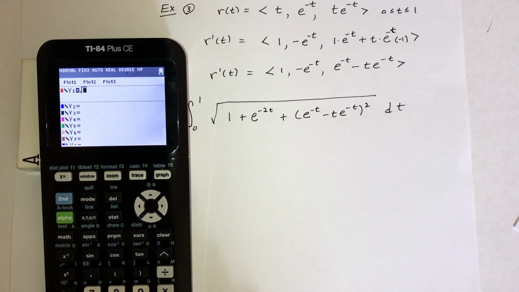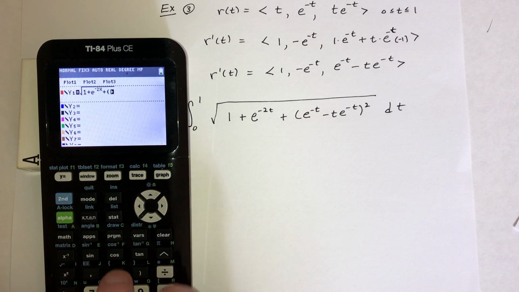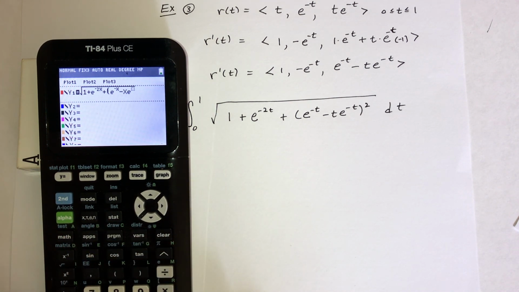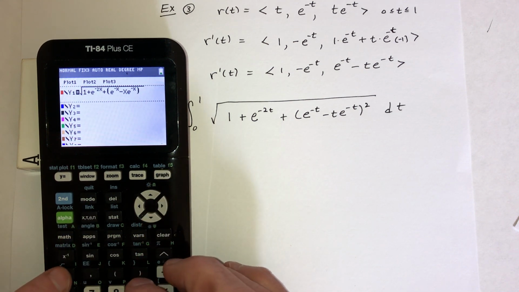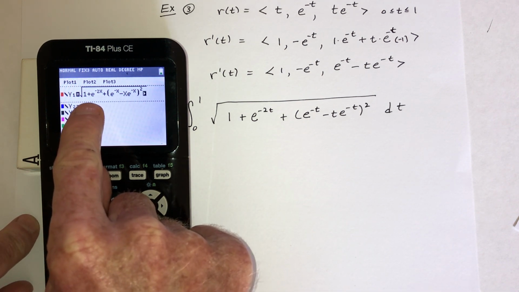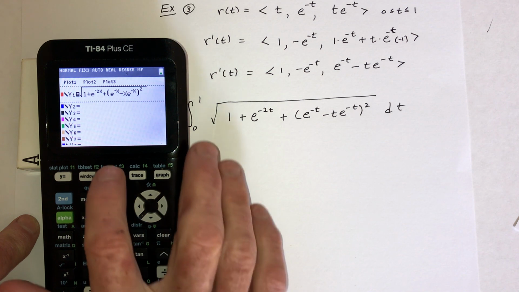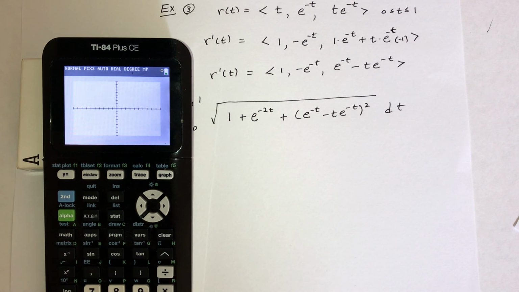So it's the square root of 1 plus e to the negative 2x, and then plus parentheses e to the negative x minus x e to the negative x, and then all of that gets squared. So let me make sure I've got all the parts. The square root, the 1 plus the e to the negative 2x, and I've got this in parentheses, and it's squared. Okay. Then go to the graph, and it doesn't really matter what the graph looks like, but the graphing calculator just needs this part done.